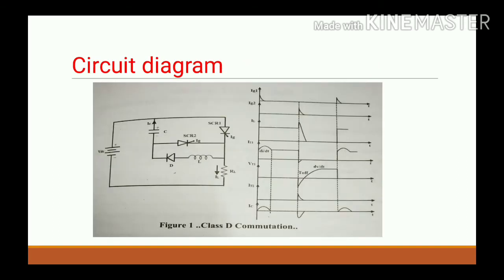So we see the circuit diagram for this practical, and when we actually do this practical, we will verify the waveforms for that. Okay, if we see here, there are two SCRs connected in a class D commutation. That is nothing but one is the auxiliary SCR and one is the main SCR. Auxiliary SCR is used to turn off the main SCR.